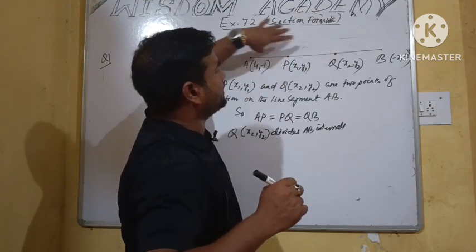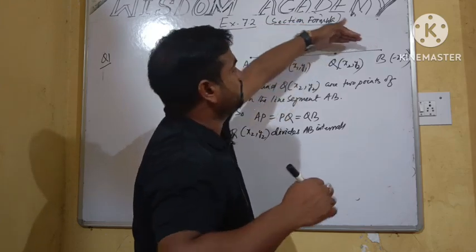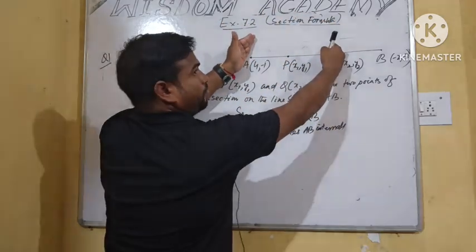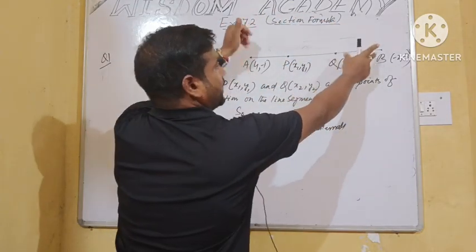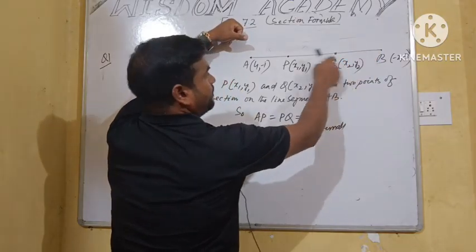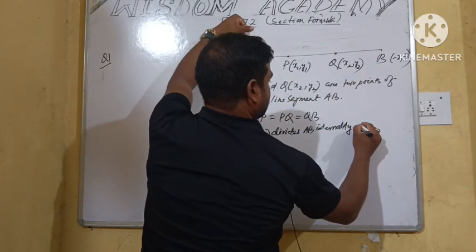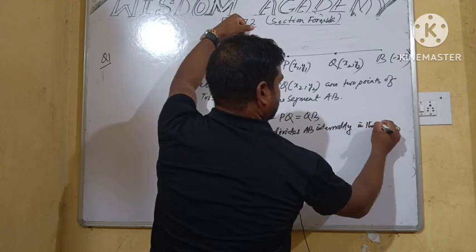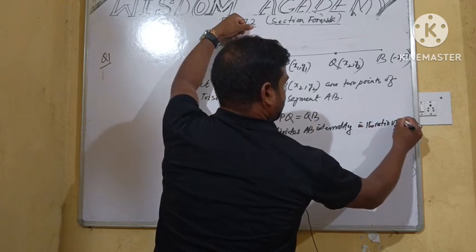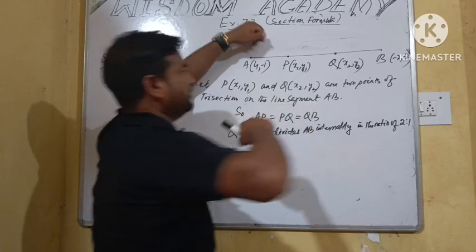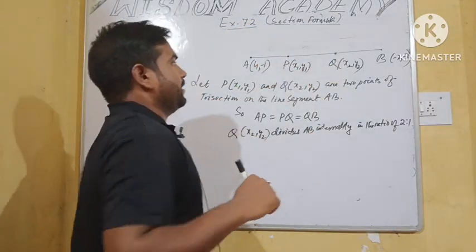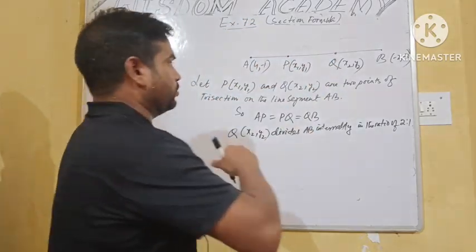Similarly, Q divides AB 2:1. So AQ is two parts and QB is one part. So Q divides AB internally in the ratio of 2:1.